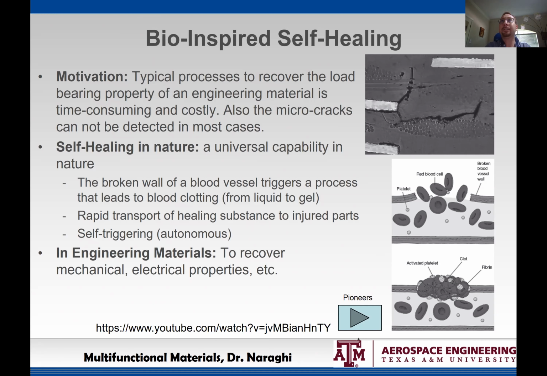Now, if you look at traditional engineered materials, composites or metals, they are susceptible to cracks. Small cracks, micro cracks that form during the lifetime of a structure come together, they grow and they coalesce and form larger cracks, and eventually the material will fail.